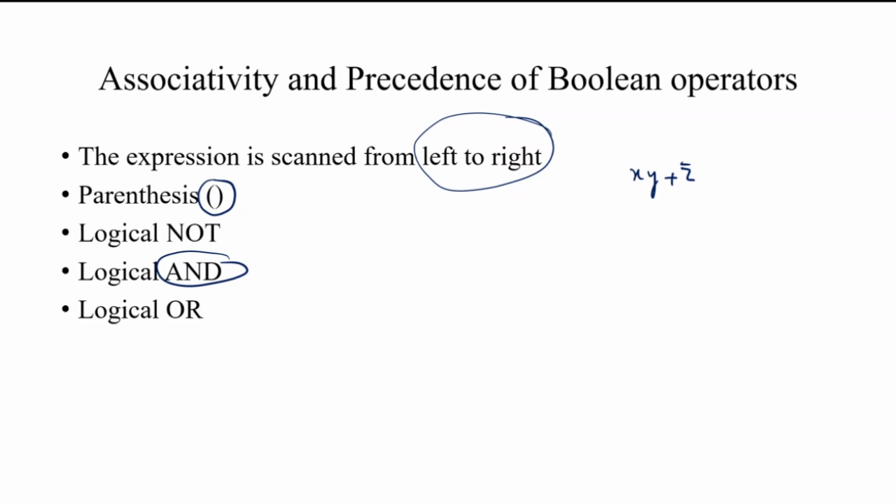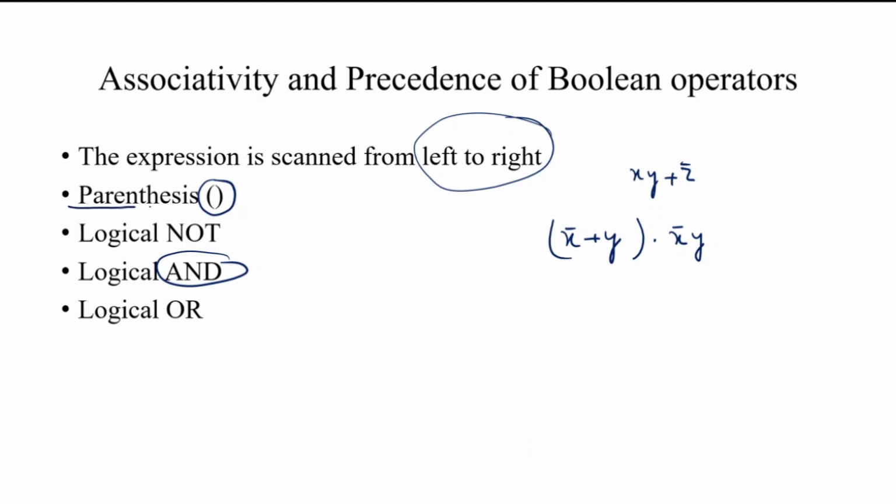Suppose this expression is x complement plus y dot x complement y. What will be the output, and how do we evaluate it? What is the highest order?